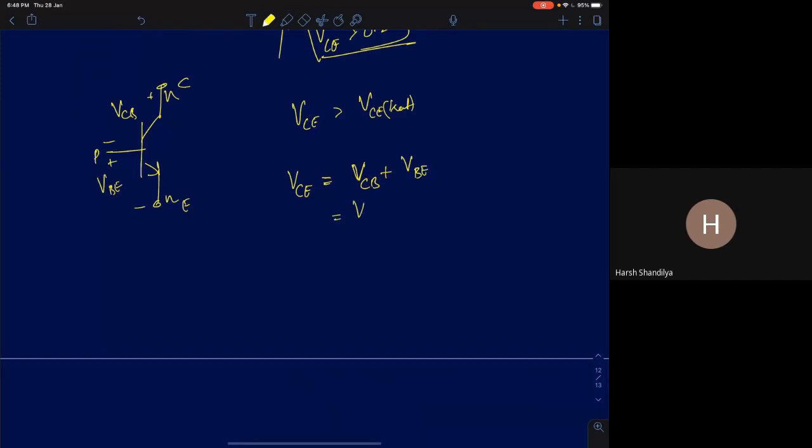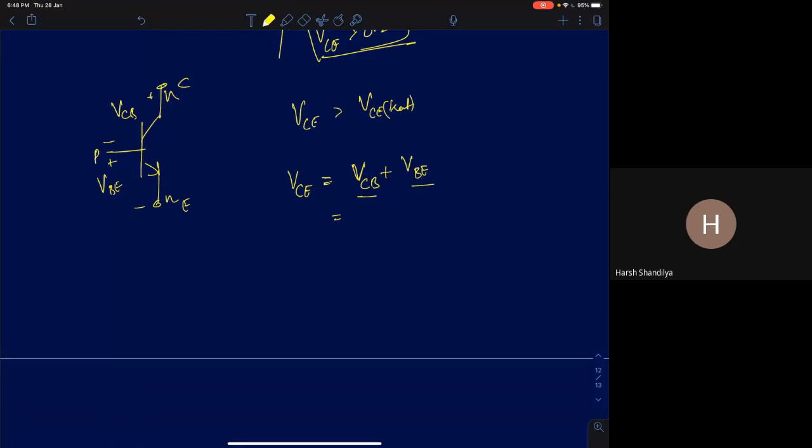This can also be written as VBE minus VBC. Okay, so now if you see this result, am I right in writing this result this way?